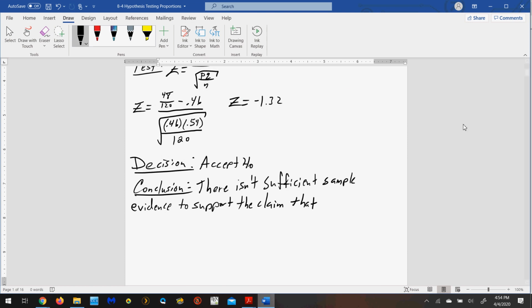The way I wrote it was to claim that any value besides 46% of people believe that there is life on other planets in the universe.